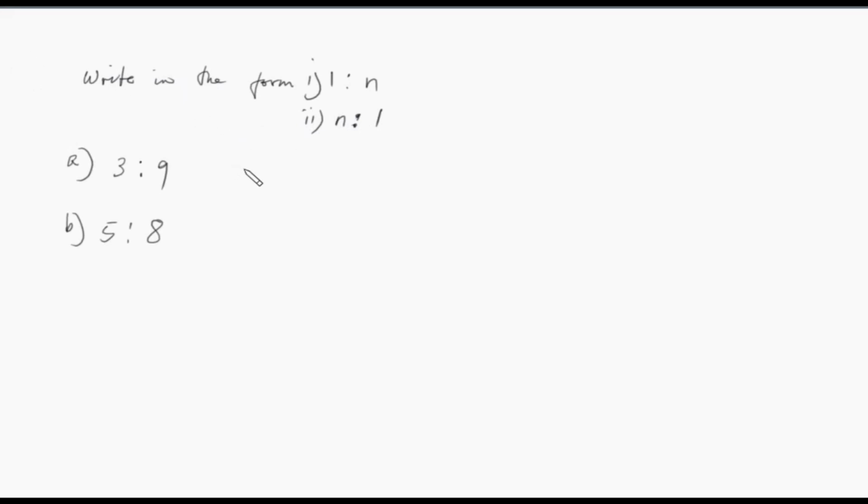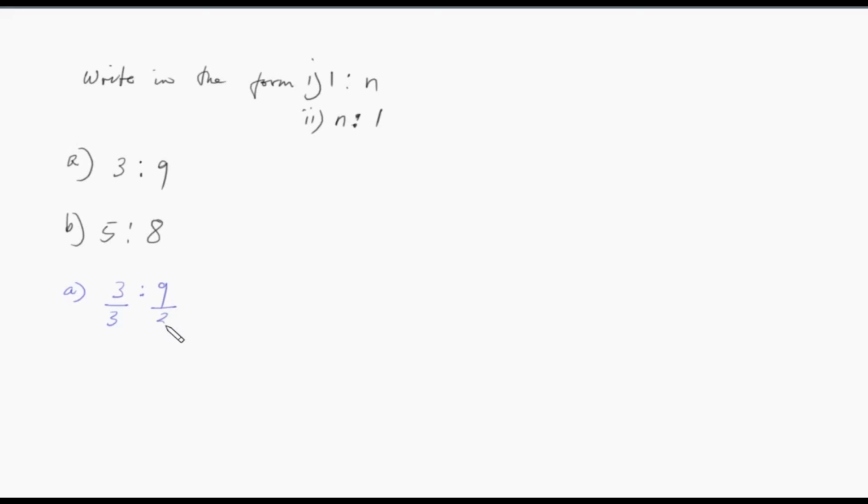Now, looking at A, we have 3 is to 9, all right? Now we want to write it in the form 1 is to n. That means this numerator should be 1. So if this numerator has to be 1, divide by 3 here.